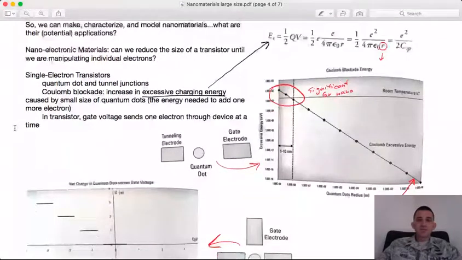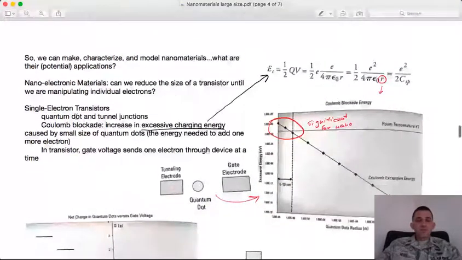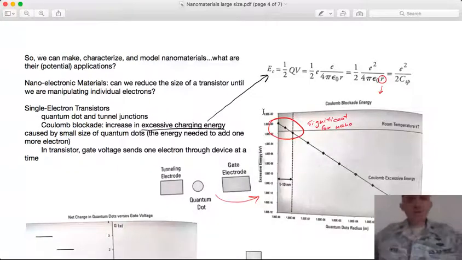This produces some interesting quantum mechanical changes, very similar to what we talked about with the surface area to volume ratio, in that there's this idea called a Coulomb blockade, which is the increase in charging energy caused by adding one more electron.